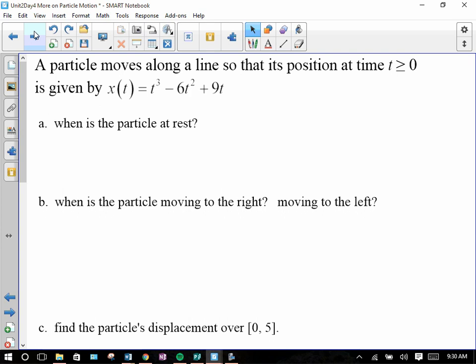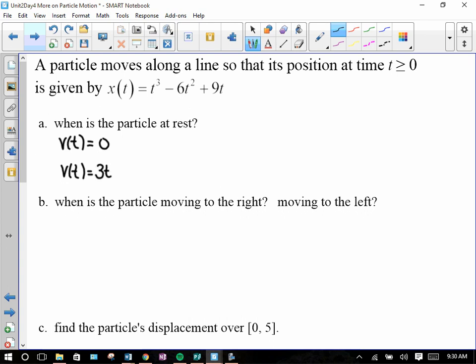The velocity. So we want to figure out when the velocity function equals 0. Well, as Michelle said, we need to find the derivative. So the derivative of x of t, v of t, is equal to what?